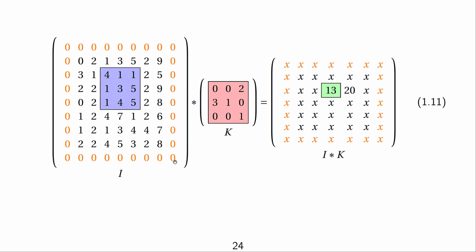And now, convolving this 9 × 9 image with this 3 × 3 filter K gives us a 7 × 7 output image, where in black you see the values that would be produced by valid padding, that means no padding, and then the orange values are the ones that are produced in addition because we padded the input image I with these orange zeros here.